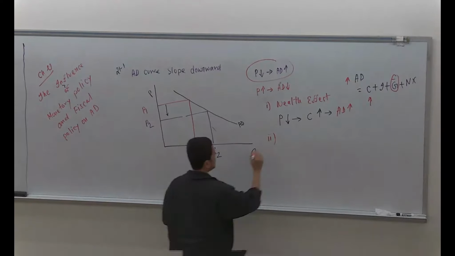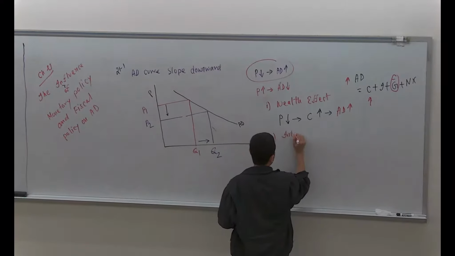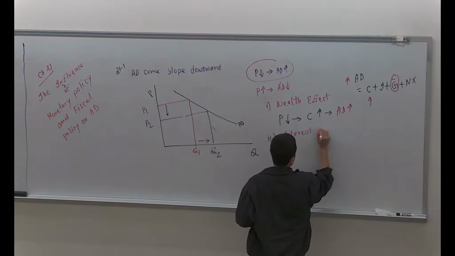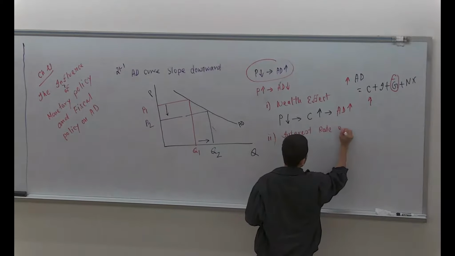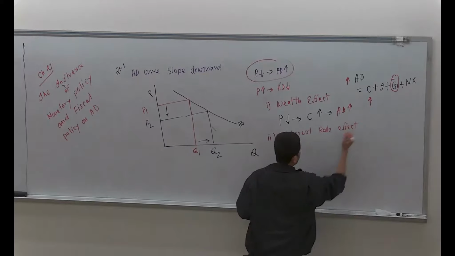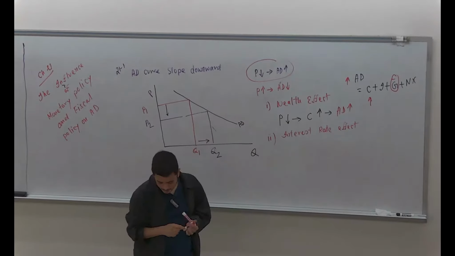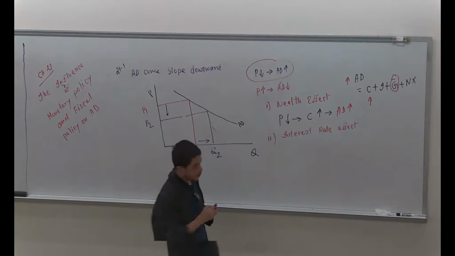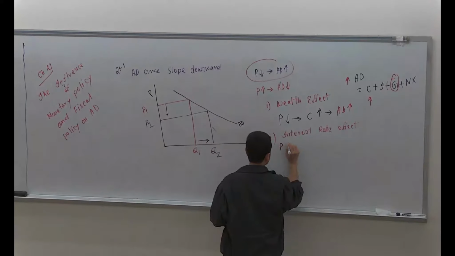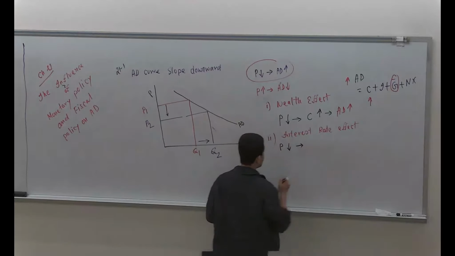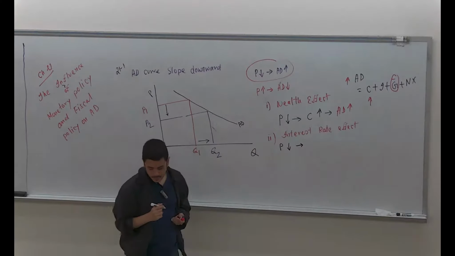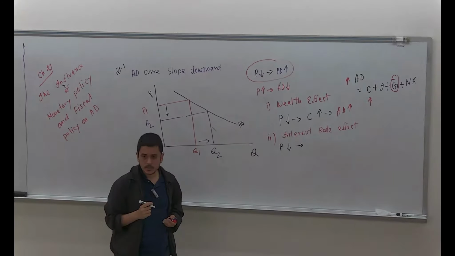The second effect is the interest rate effect. What happens is that when the price level falls, you actually need less money to buy goods and services because everything is cheaper.